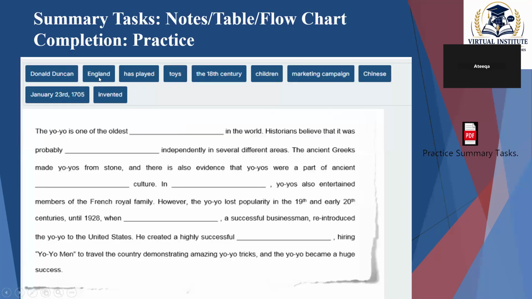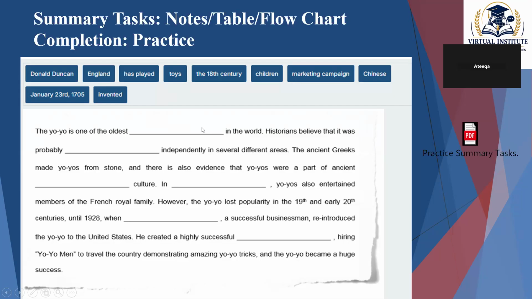The yo-yo is one of the oldest England. It again cannot be fit in this blank, right? Has played is also not fitting here. What about this one? Toys. The yo-yo is one of the oldest toys in the world. So it is the probable answer, right?